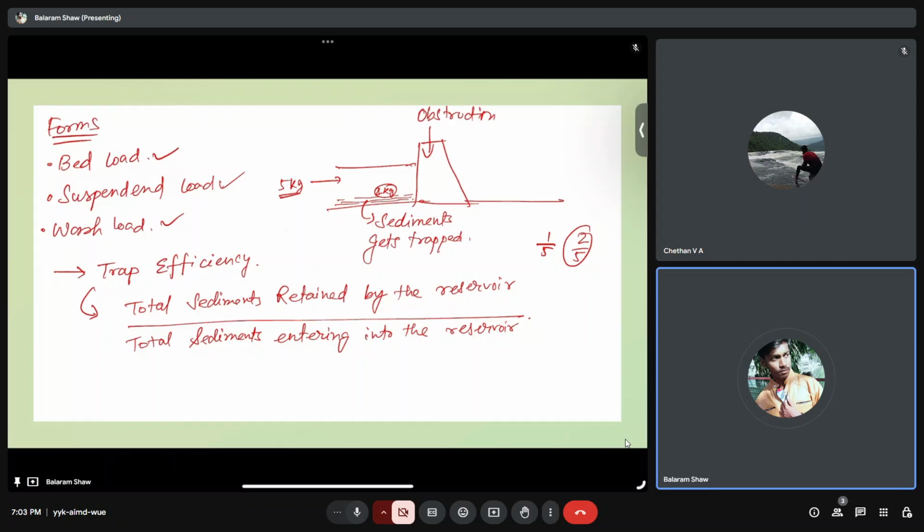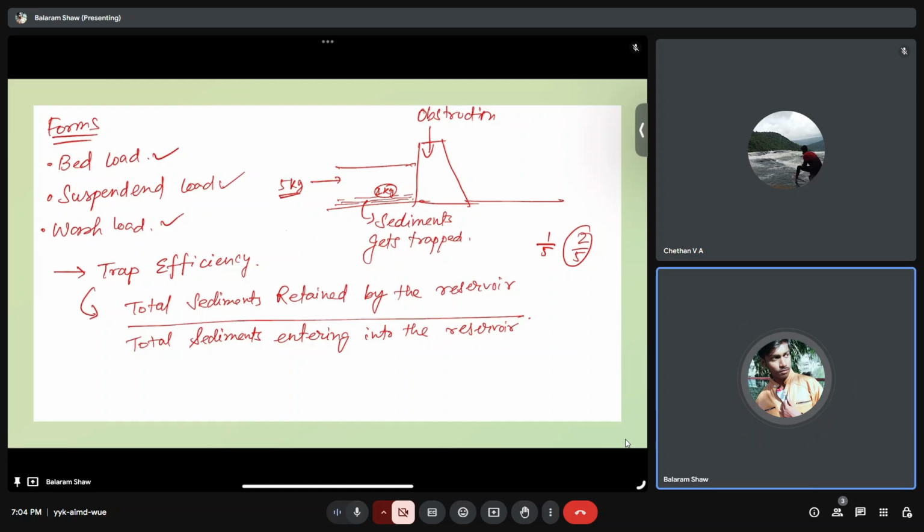If the size of the sediments is big, and the flow is not enough to carry it, it will have a settling velocity more than that of the river flow, and hence it will settle down as sediment particles. There are also several dam characteristics and so on.